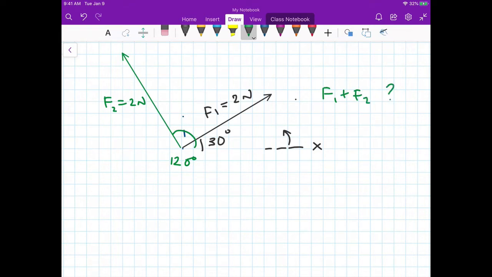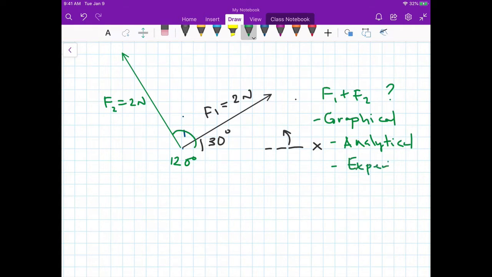There are three different methods: the graphical, the analytical, and the third one, of course, the experimental.